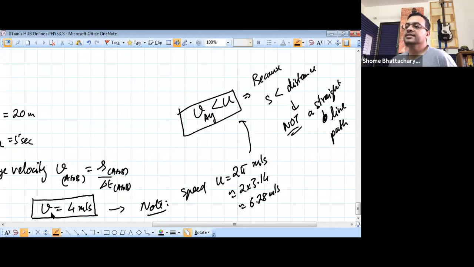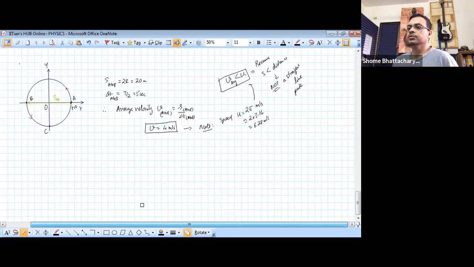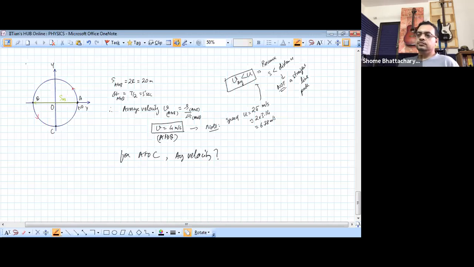So naturally, as expected, the average velocity for any particular part of the motion is considerably less than the uniform speed. Okay. Now, similarly, you also calculate for A to C. What is the average velocity? I have calculated this for A to B, so apply exactly the same method.